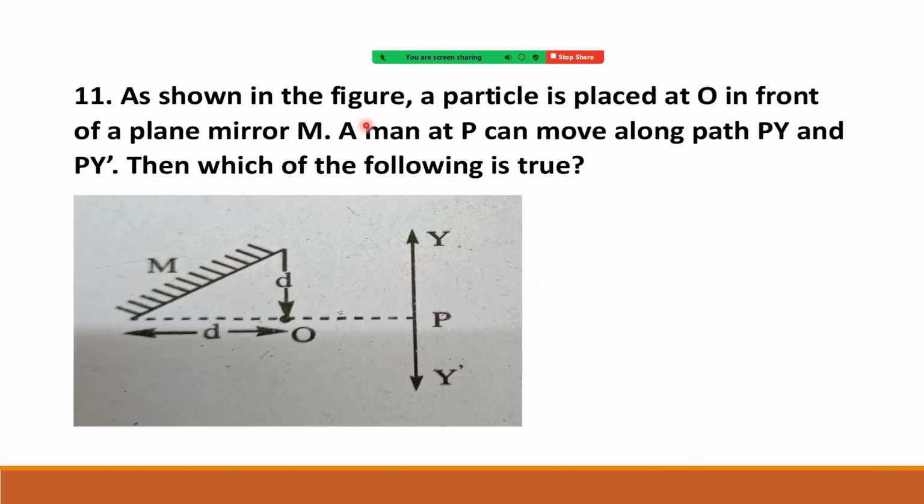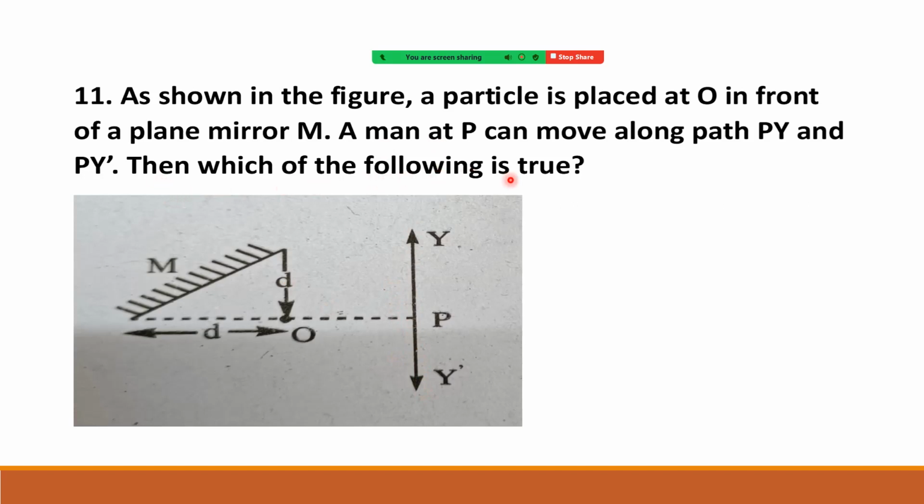As shown in the figure, a particle is placed at O in front of a plane mirror M. A man at P can move along the path PY and PY dash.